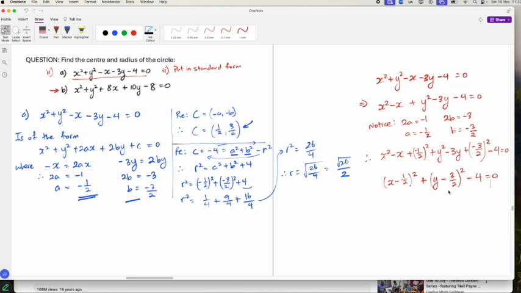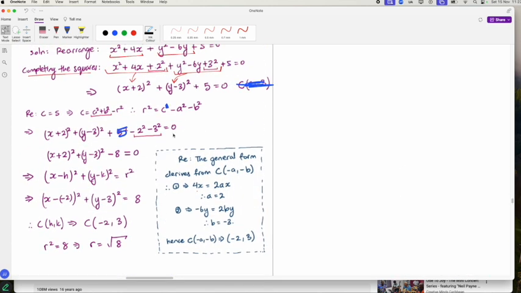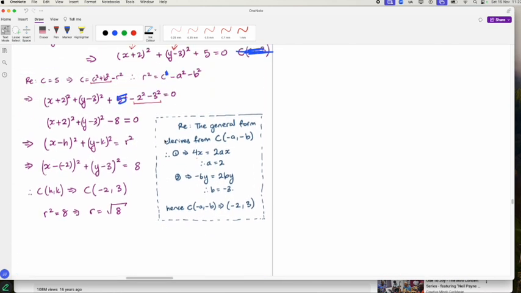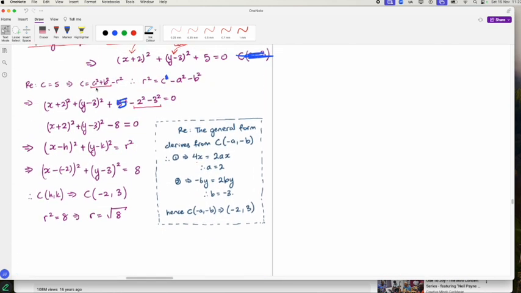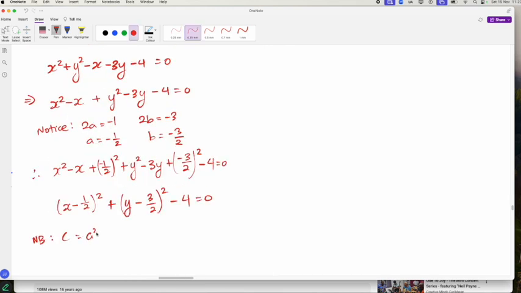Let's see. What did they do next? Did they replace minus 4 plus 5, and they replace plus 5c with this? Notice that c is this, right? So they replace c with all of that. So I'm going to note c is a squared plus b squared minus r squared.